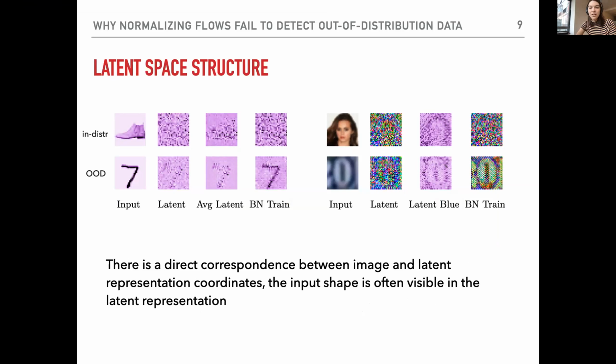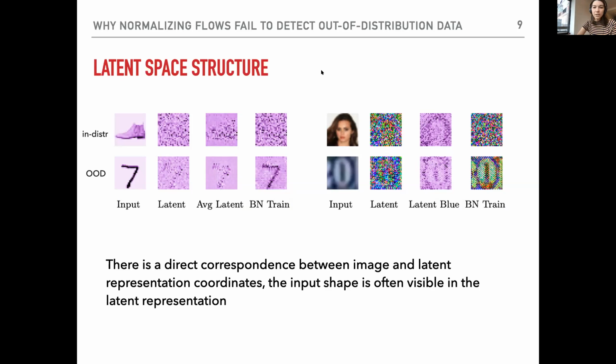Our first observation was that the latent representations, so the flow transforms the data space into the latent space, which usually has some simpler distribution such as Gaussian. And the first observation is that these latent representations don't encode any high-level semantic information about the images, but rather directly encode their visual appearance.